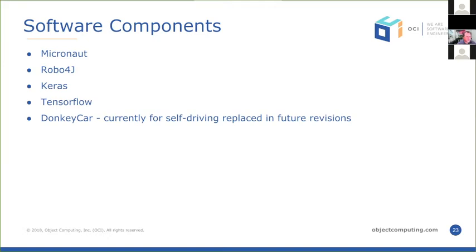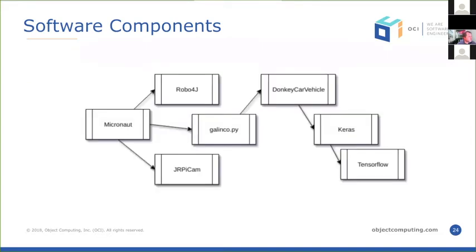And we're using Keras and TensorFlow to handle the AI of the self-driving mode. And then we're using DonkeyCar, which is basically Keras and TensorFlow. We're using bits of that under the covers in separate threads, which you can see in the code later, to control whether you're running manual control mode or self-driving mode.